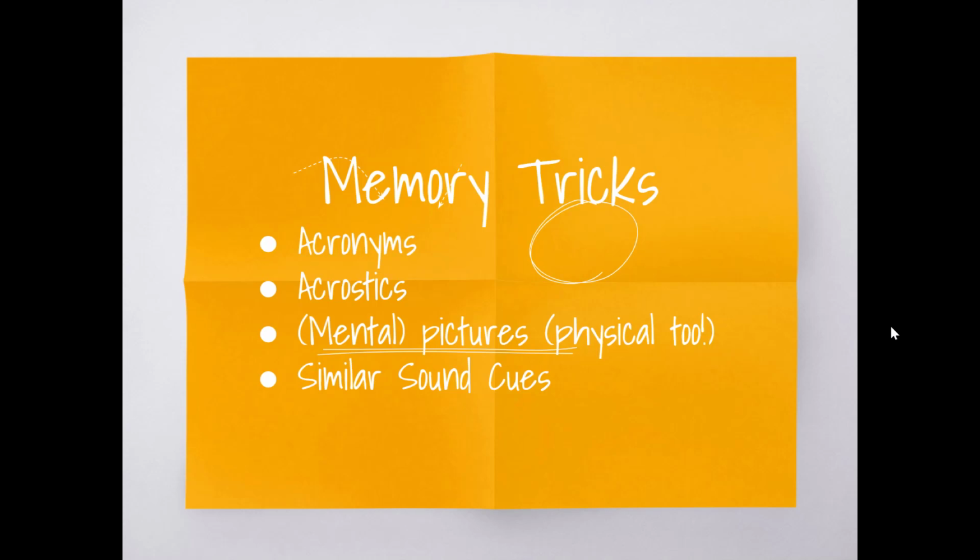Okay, so four different memory tricks that we are going to be discussing today are acronyms, acrostics, mental and physical pictures, and similar sound cues. These are just a few memory tricks, and you are going to want to participate along.